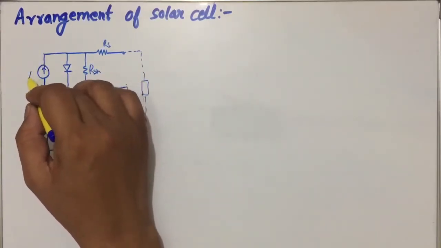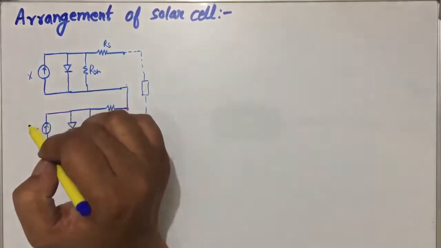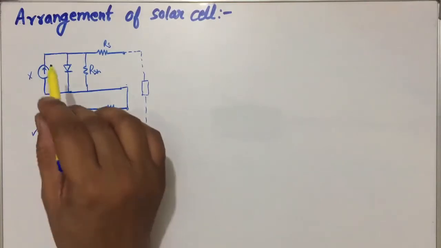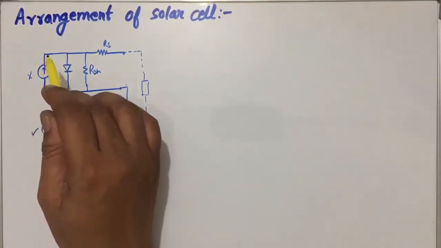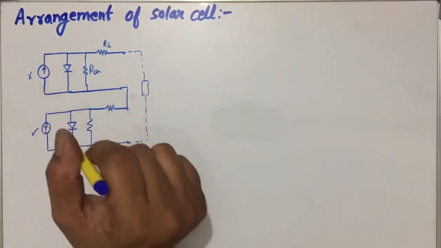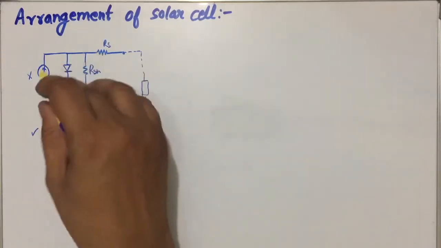For example, consider this is not working and this continues working. Not working means photons are not falling on the panel, and the panel is now shaded. Due to that, the photon current is not able to generate, and then there will be no current in this.